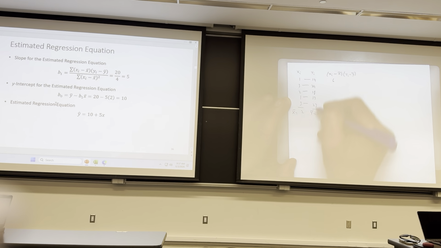When I add all these numbers and divide by 5, it is 20 and this is 2. And then you have 4, 0, 6, and 4.